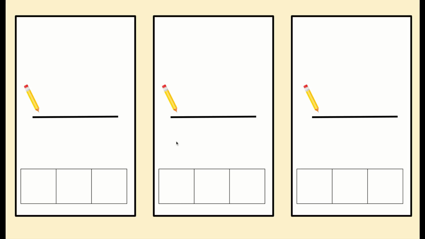The next word is the word tag. Listen for the sounds, then write the letters that represent the sounds to make the word tag.